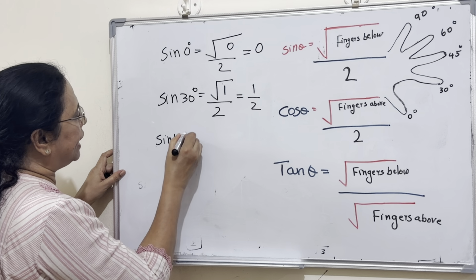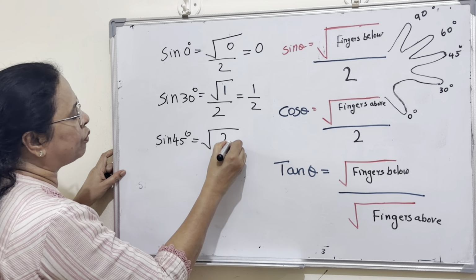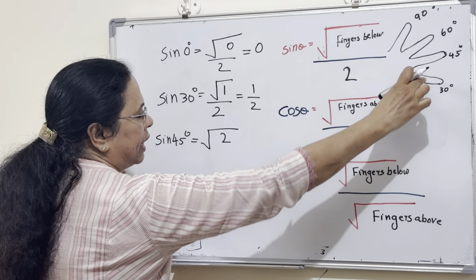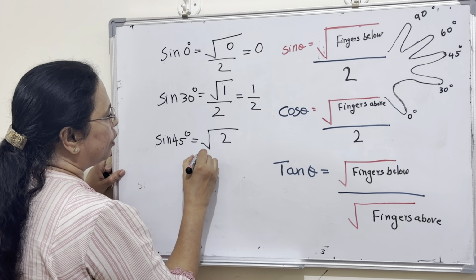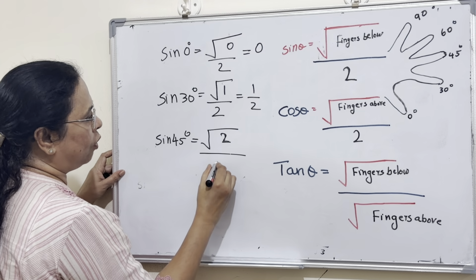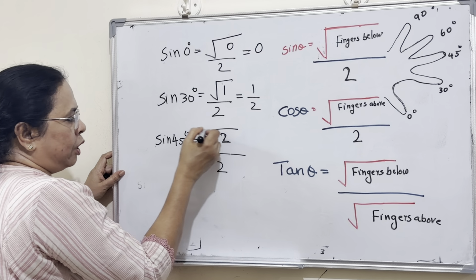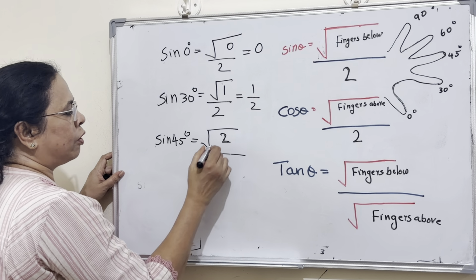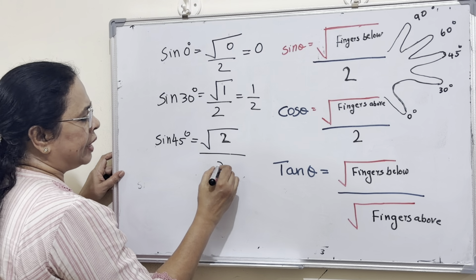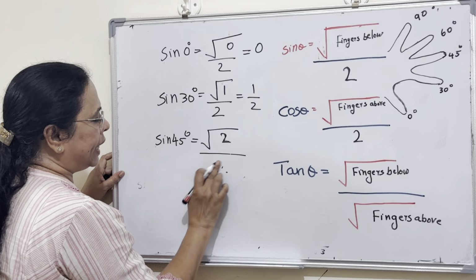Sine 45 degree is equal to under root fingers below by 2, and you have to keep the fingers below under the root. So the formula comes root 2 by 2. Root 2 by 2, this 2, instead of this 2 I can write what?